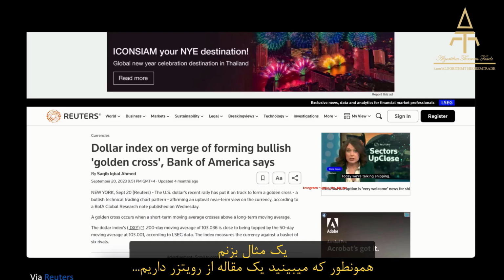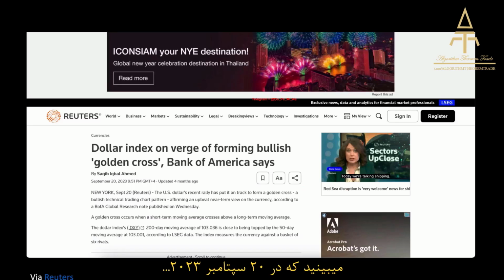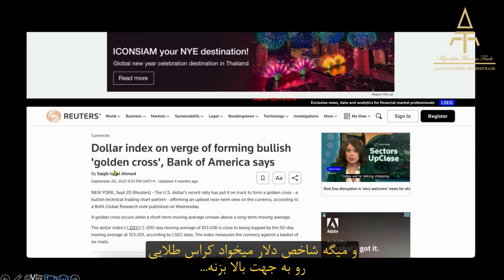And here's an example of that. As we can see, this is an article of Reuters, however you pronounce it. And what we can see is that on September 20th, 2023, they wrote an article saying the dollar index is on the verge of forming a bullish golden cross, the Bank of America says.